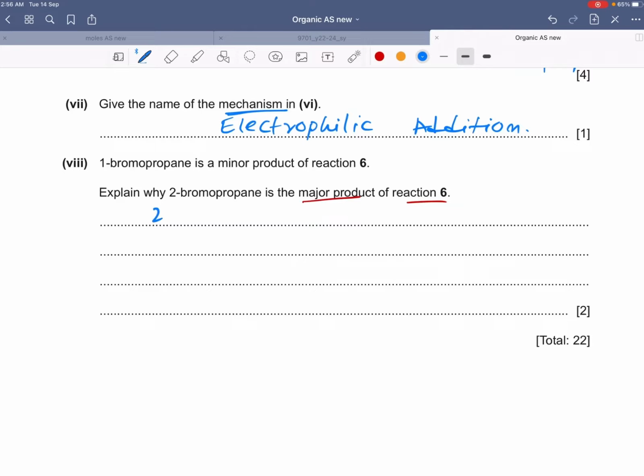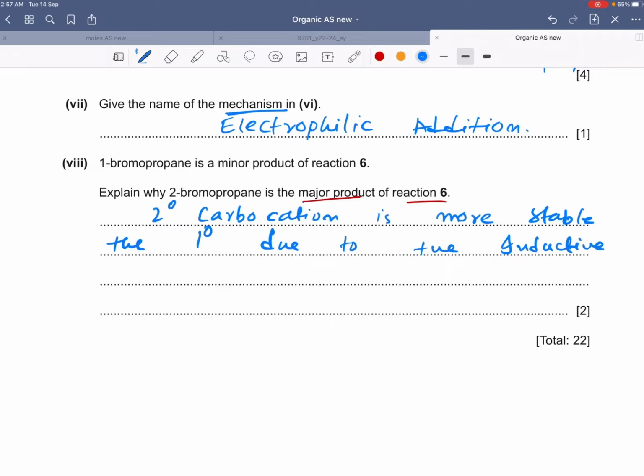So we can simply say that secondary carbocation is more stable than primary, right? Due to positive inductive effect of neighboring alkyl groups, right? So I hope you understand this part.